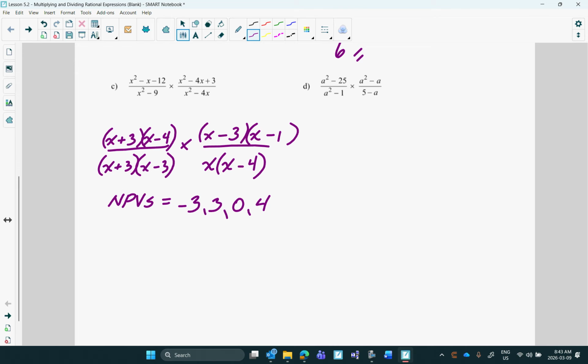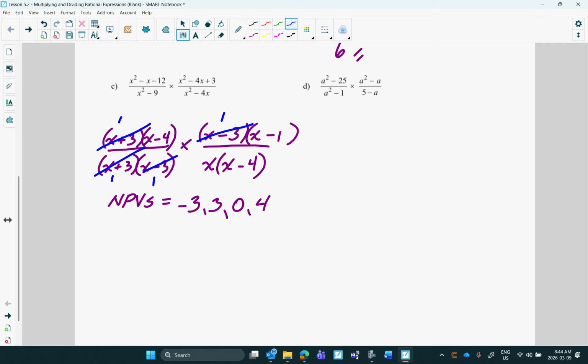Now we go to town. Any numerator with any denominator that are identical, those cancel each other out for 1. Do you see another pair? X minus 3s.